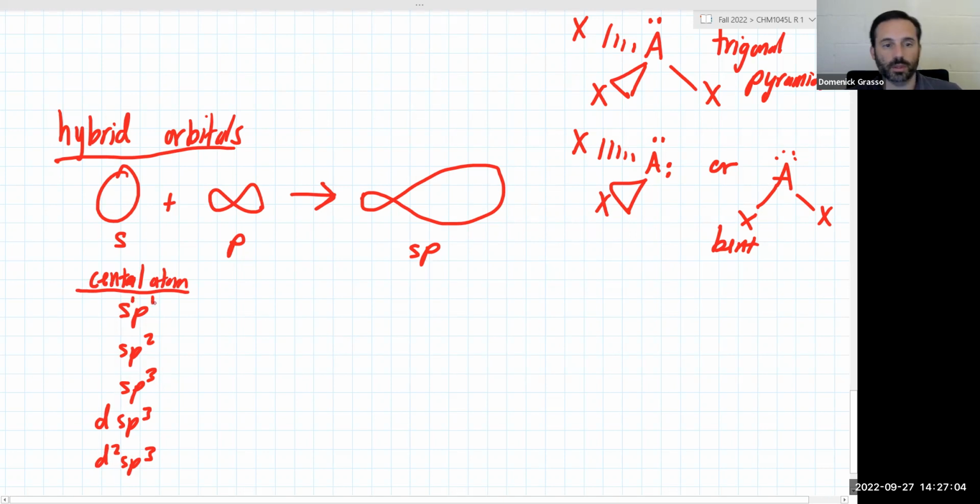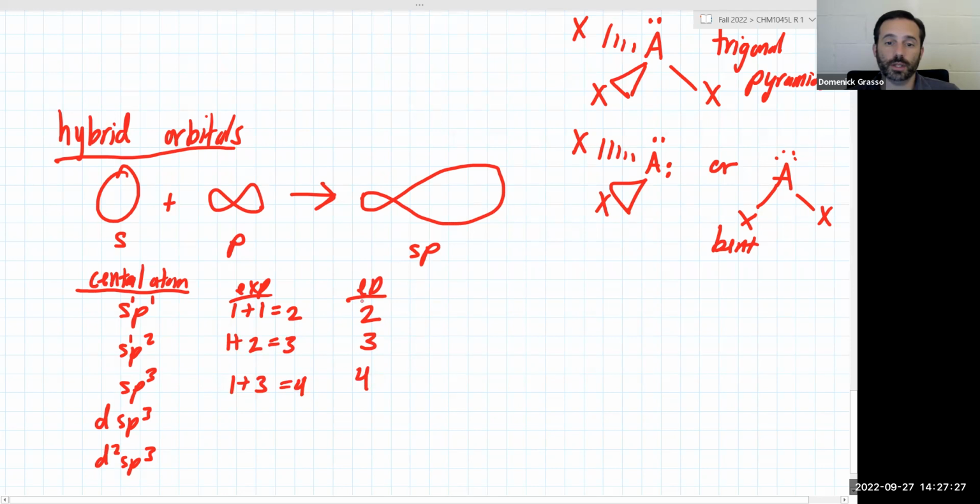One easy way to think about this is to look at your exponents. If my exponents are 1 plus 1, that means I can connect to 2 things, so I've got 2 electron domains. If I'm 1 plus 2, I've got 3 electron domains. If I'm 1 plus 3, I've got 4 electron domains.